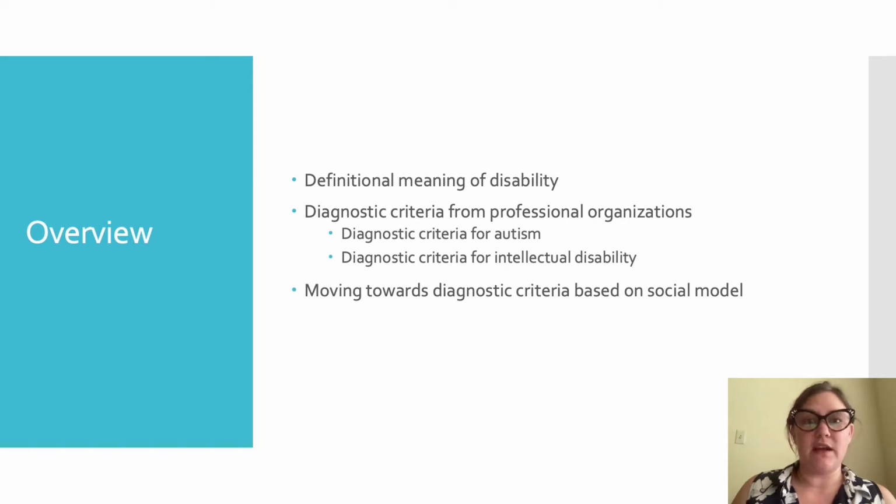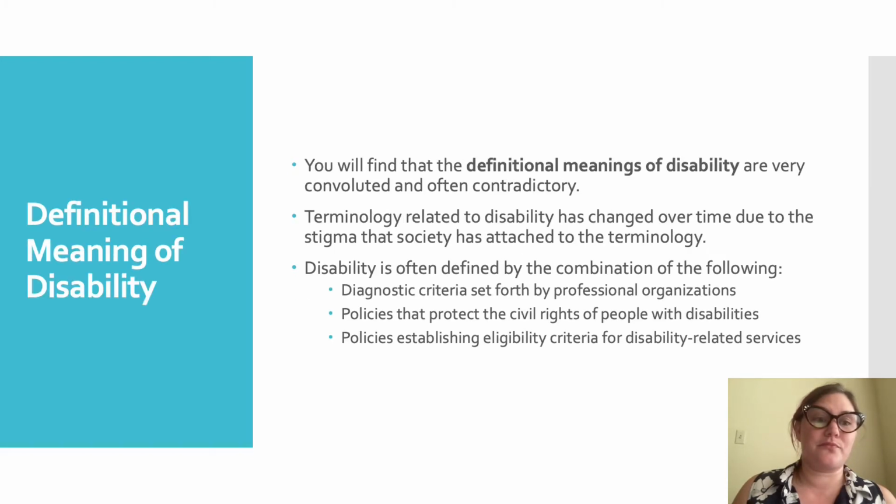And then finally, I will discuss some ways that the conversation is shifting towards diagnostic criteria based more on a social model rather than a medical model that emphasizes deficits. So just to review, you'll find that definitional meanings of disability are very convoluted and often contradictory.